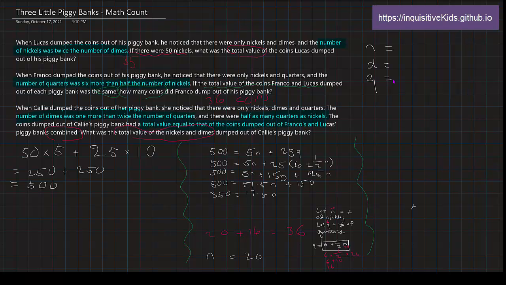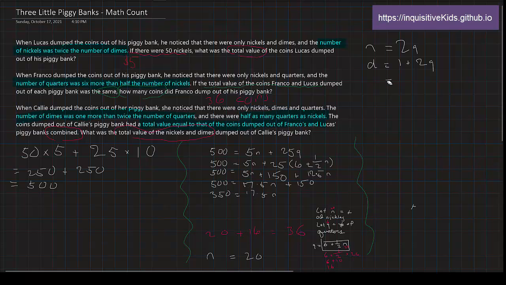So let's first fill in all of these. The number of dimes was one more than twice the number of quarters. So one more than 2Q. And there were half as many quarters as nickels. So that. Okay.